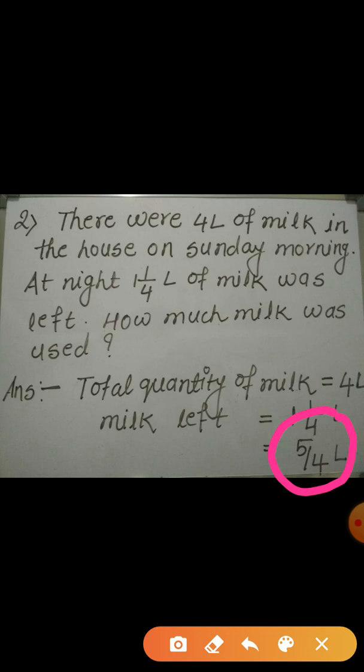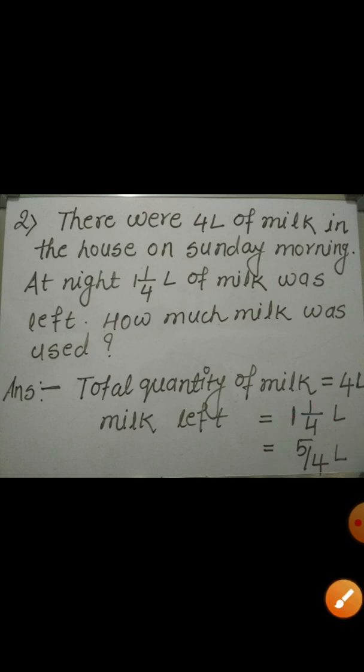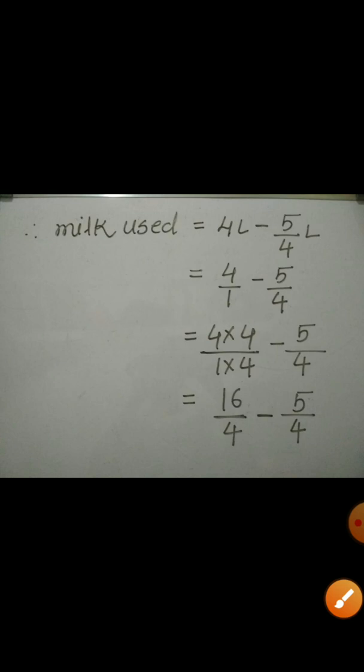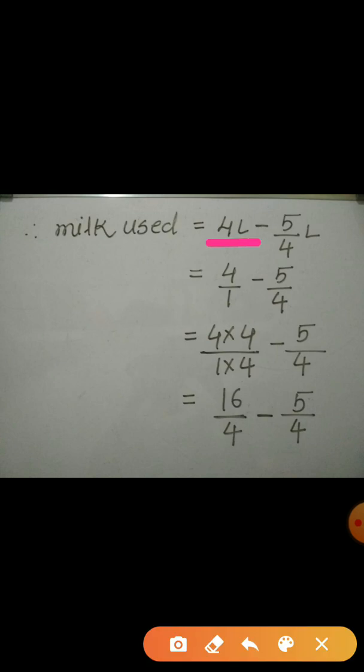So this is the quantity of milk left, right? Hence quantity of milk used is equal to total quantity of milk minus quantity of milk left, that is 4 liter minus 5 upon 4 liter. Now the number 4 is having no denominator, so I took it as 1. Hence the fraction will become 4 by 1, and the second fraction is 5 by 4.